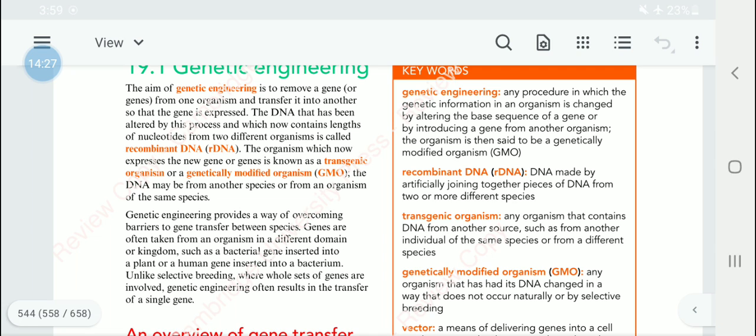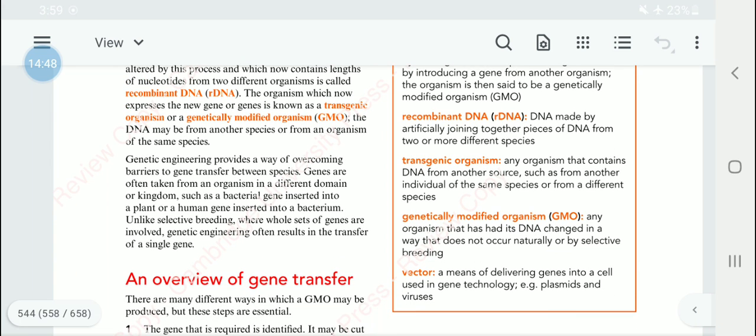Then transgenic organism, whatever organism that contains DNA from a source other than its natural form. This DNA could be from another organism of the same species or a completely different species. Then GMO, we discussed it.